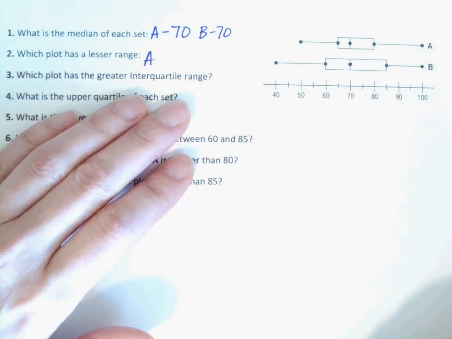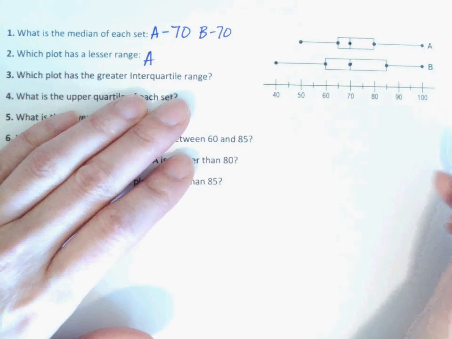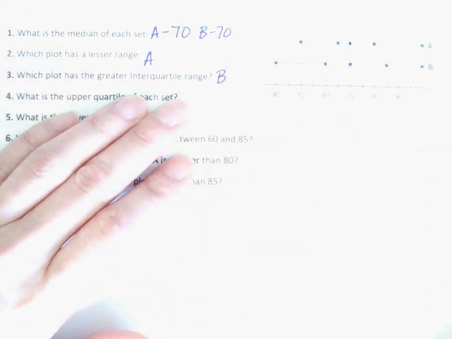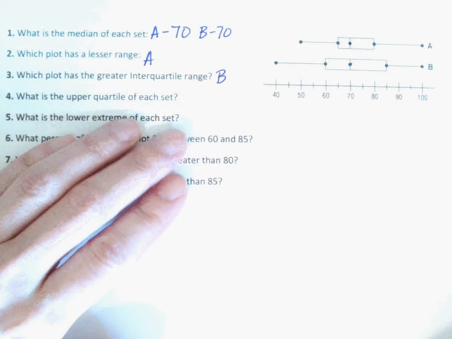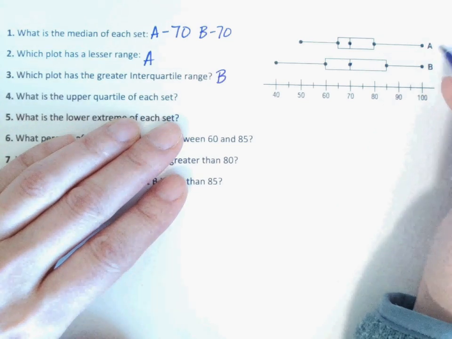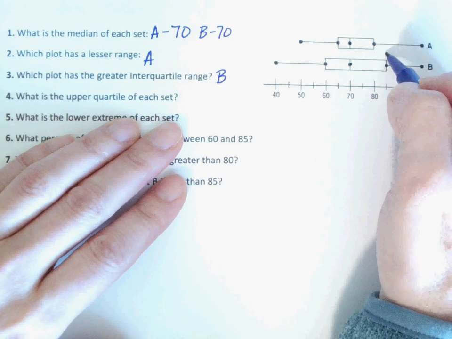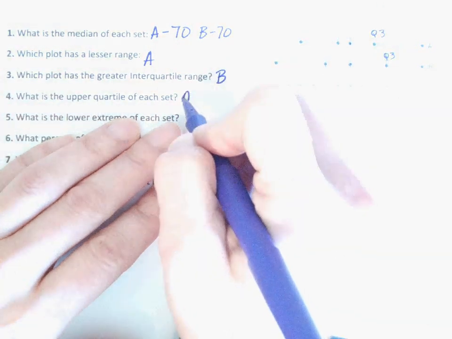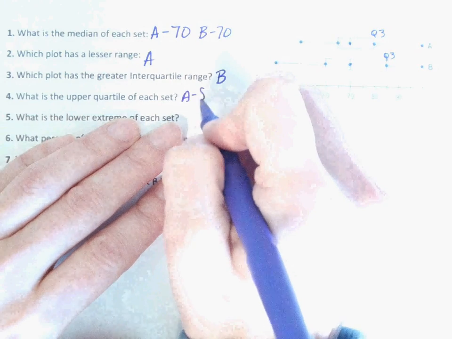Which plot has a greater interquartile range? Well, that's going to be where it's spread out more, and that's going to be box plot B. What is the upper quartile of each box? Okay, so upper quartile, that is going to be Q3. So for A, it is 80.